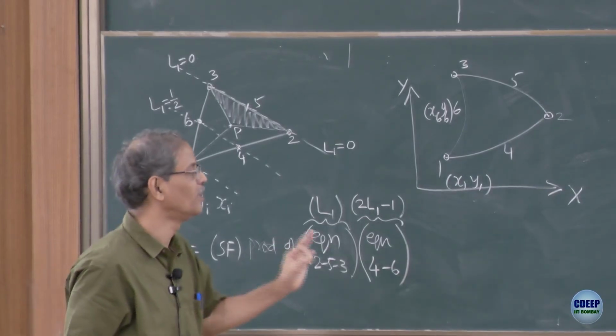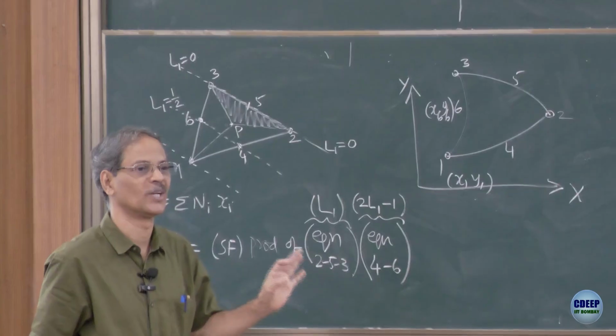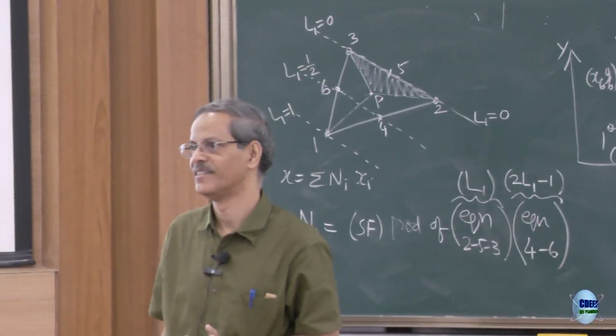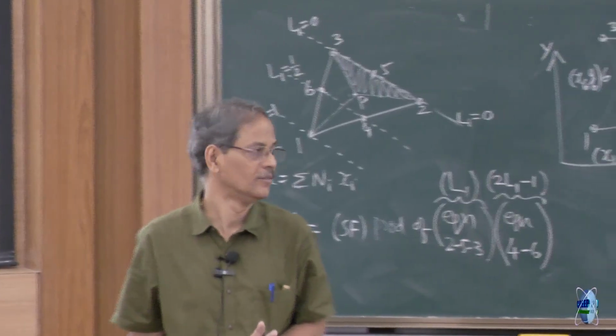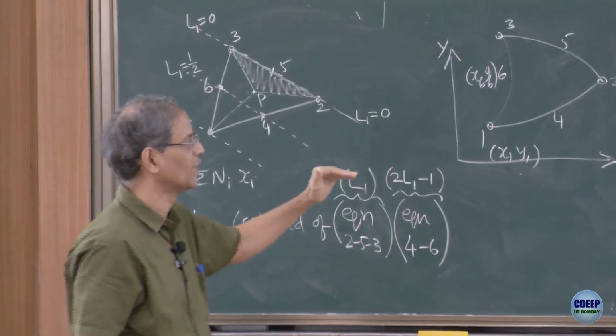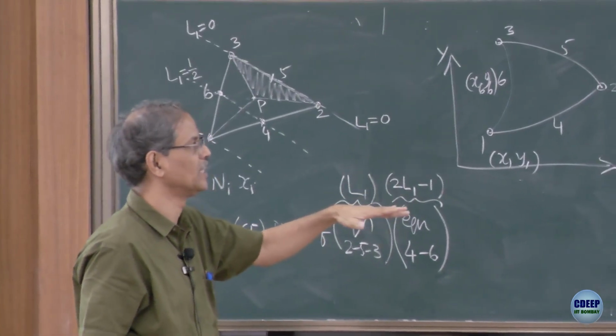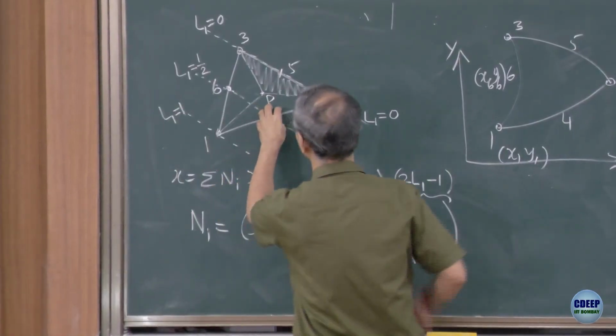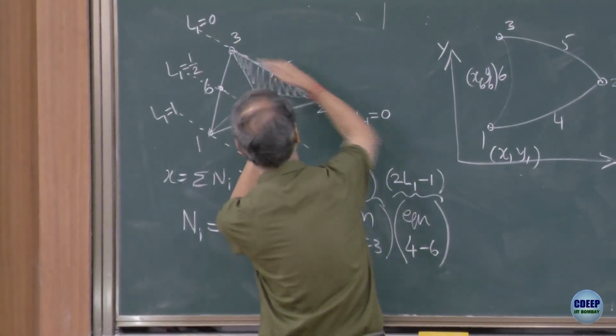So it is so simple and straightforward to write down the shape functions. In fact, N4, N5, N6 become even easier. Looking at N4, it is the equation of this line into the equation of this line.